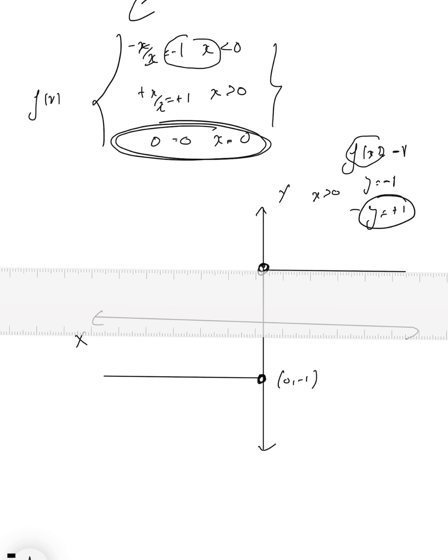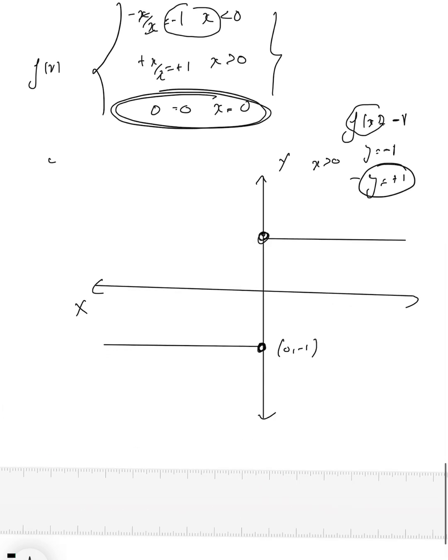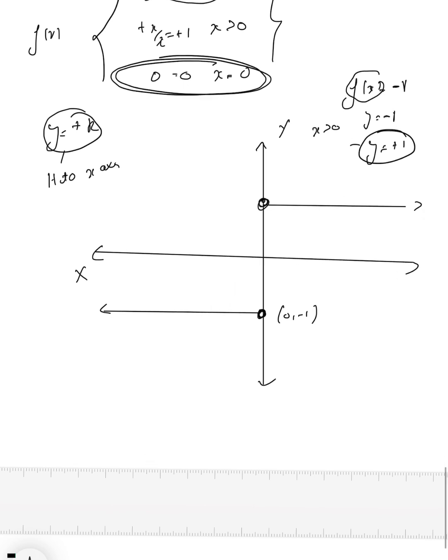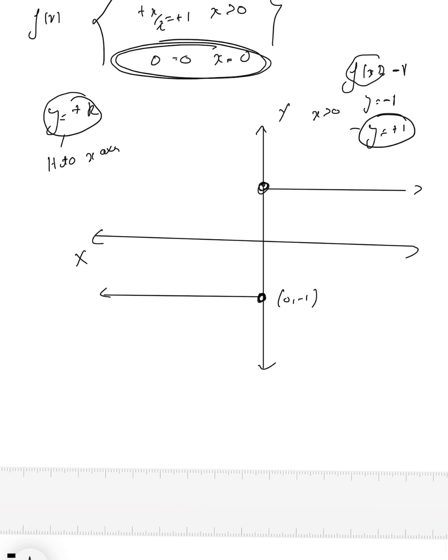So y = k, positive k, is a line parallel to the x-axis. If you don't know the reason, let me explain why it is parallel to the x-axis. Because y = k denotes the height, or the distance from this point, and it is always constant, so it is parallel to the x-axis. I think I made my point clear.